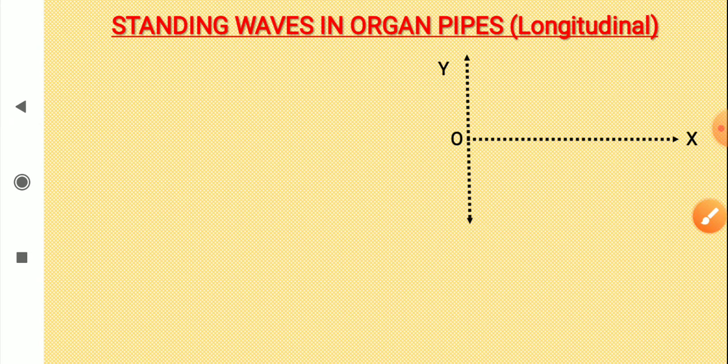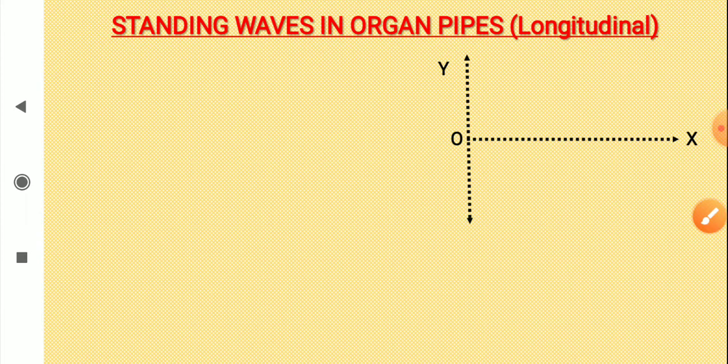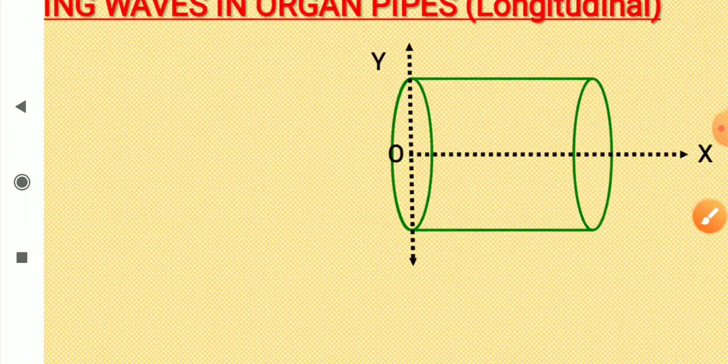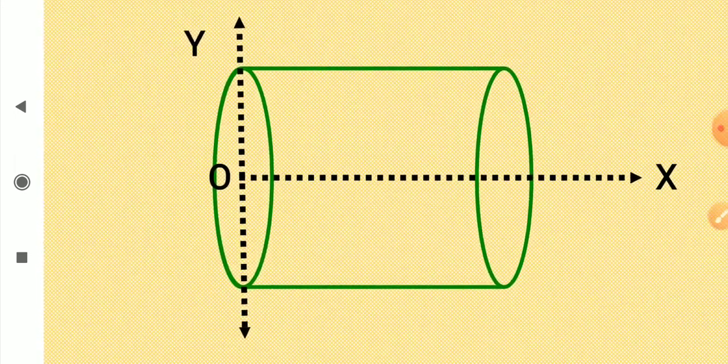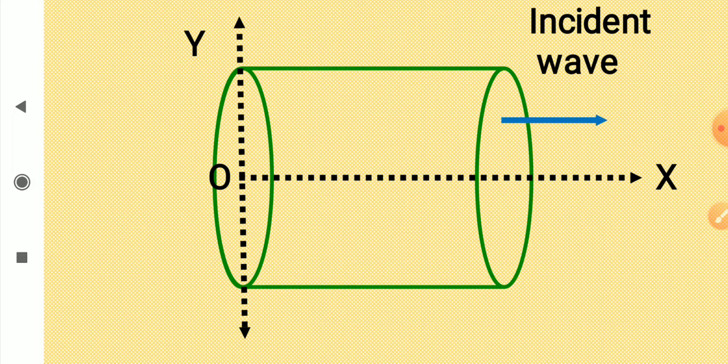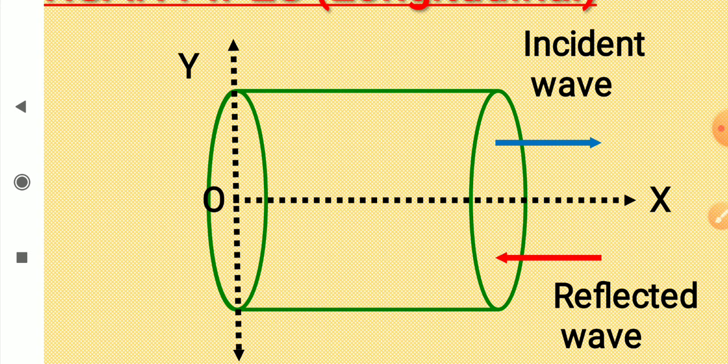So we are talking about sound waves or longitudinal waves. Let us begin with the organ pipe which is open at both the ends and its axis is along the x-axis. So the incident wave is along the x-axis and the reflected wave is along the minus x-axis.